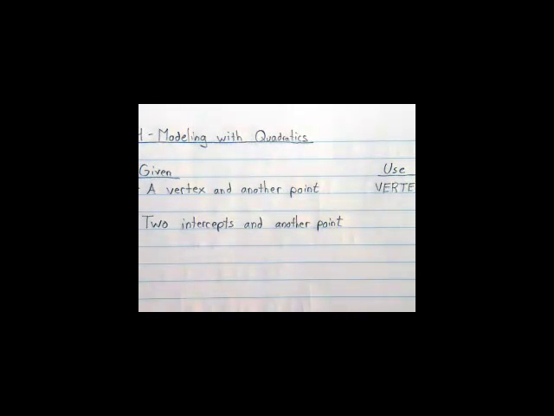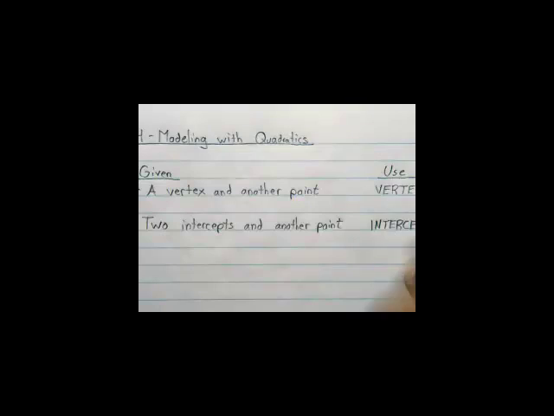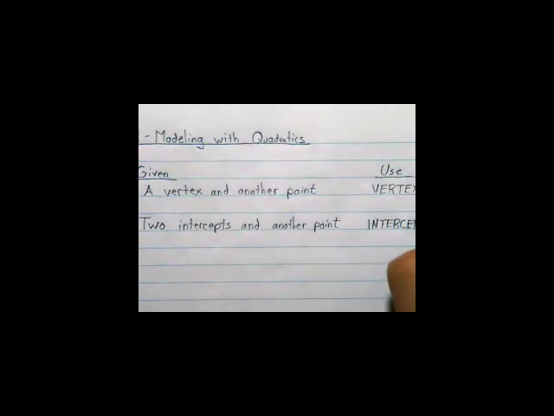So if you have the two x-intercepts and some other point that's on the curve, what form do you suppose you're going to use for that? Remember the three that we talked about were standard, vertex, and intercept. Intercept form makes a bit of sense, right? Intercept form.